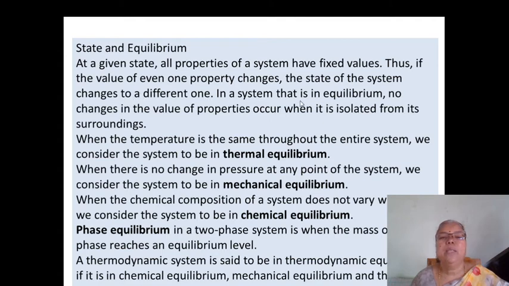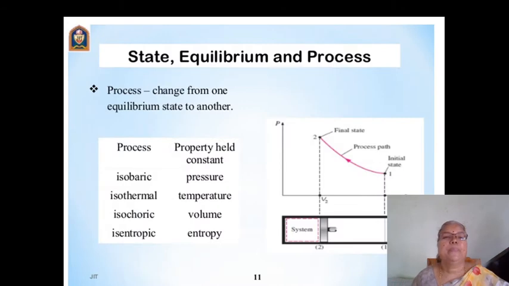In a system that is in equilibrium, no change in the value of properties occurs when it is isolated from its surroundings. Okay, so a state of a system is fixed by fixing the variables of the system.